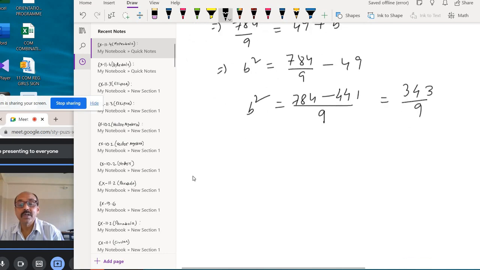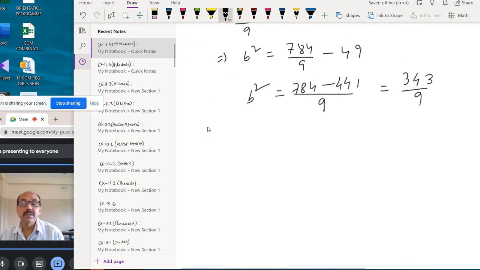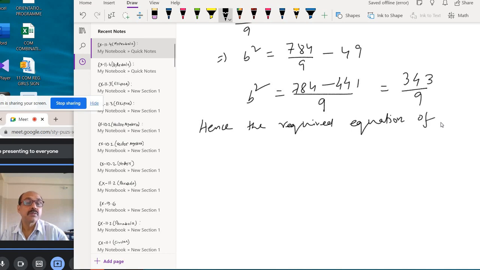Hence the required equation of the hyperbola is type 1: x square by a square minus y square by b square equal to 1.